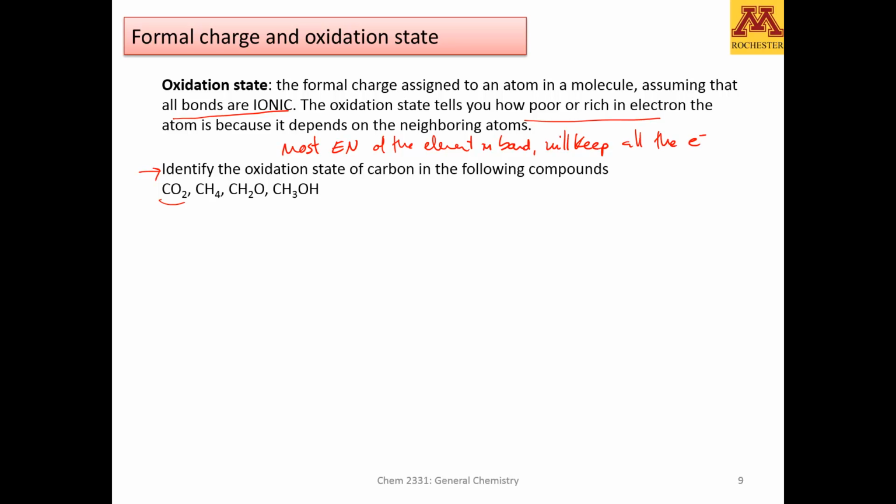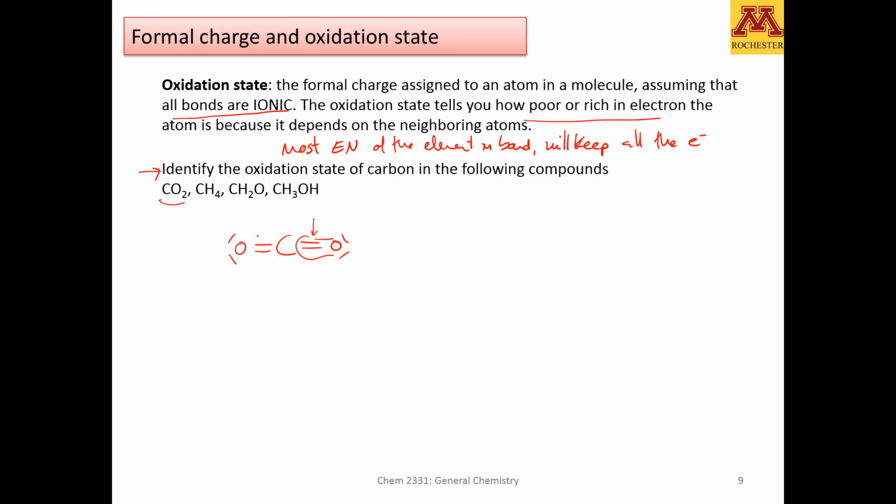Let's see. For carbon dioxide, I'm going fast here. If you build the Lewis structure of carbon dioxide, you'll have something like that. We know oxygen is more electronegative than carbon. Therefore, when we see these two bonds, all of the electrons are being kept by oxygen.